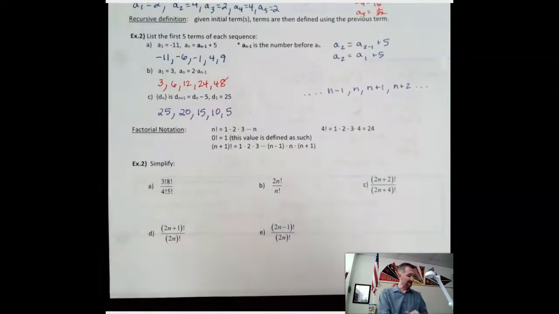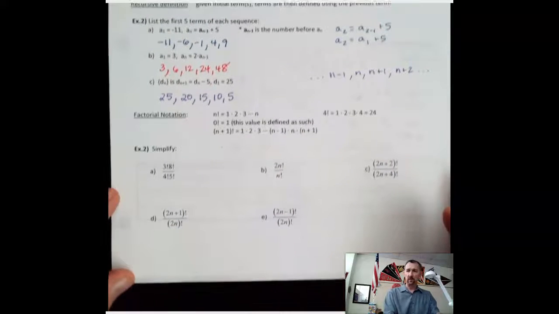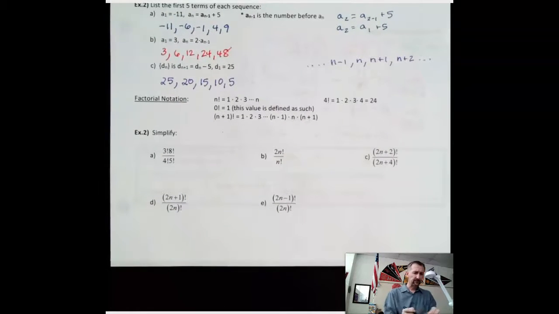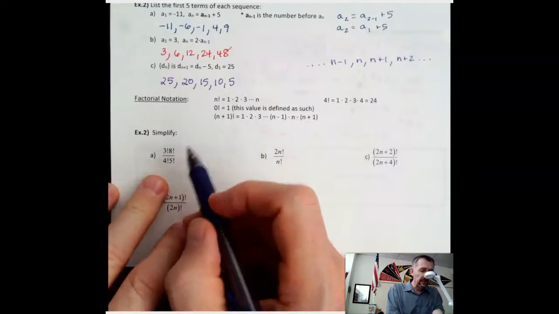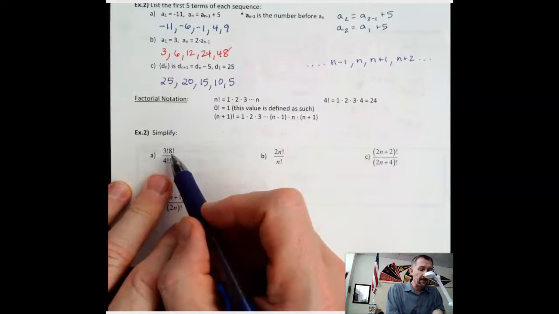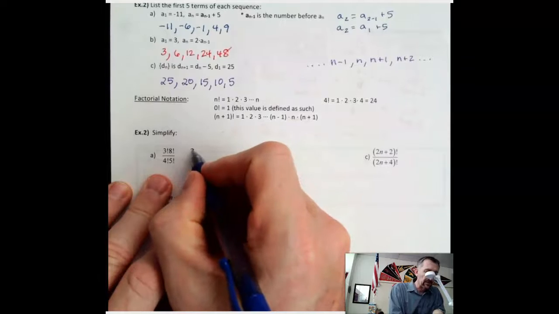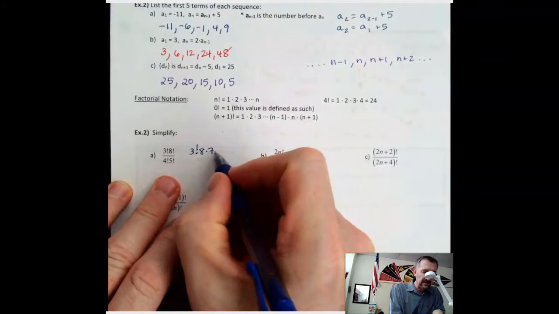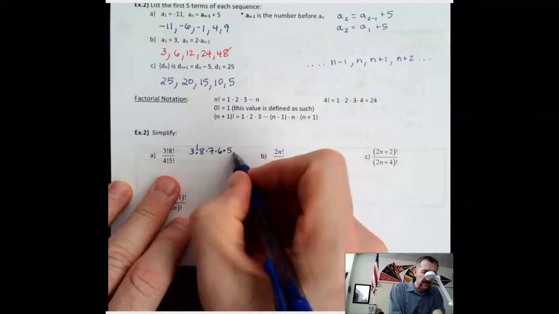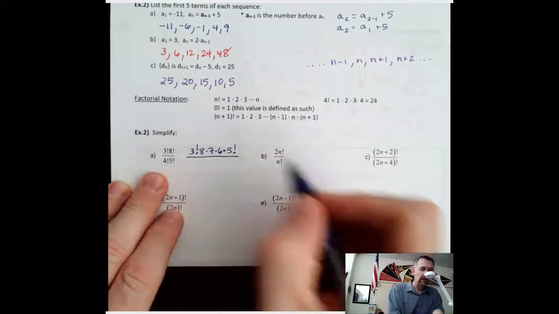Okay, so let's work on some of these. What I like to do in this situation is realize that 3 factorial can cancel out, and then I'm going to have 8 times 7 times 6 times 5 factorial.